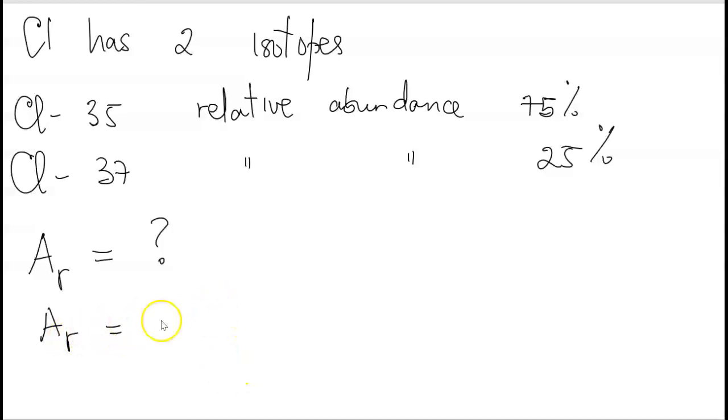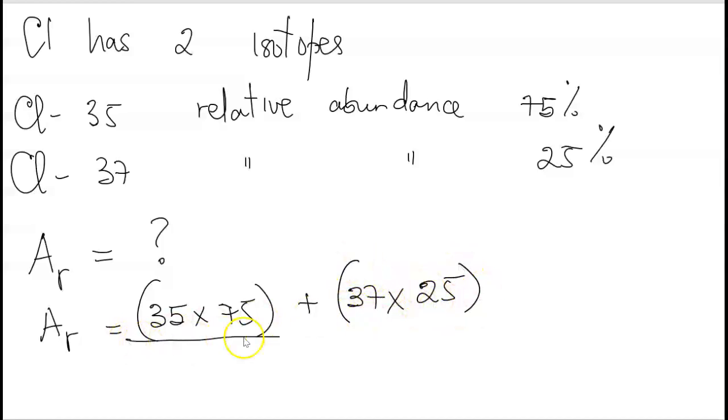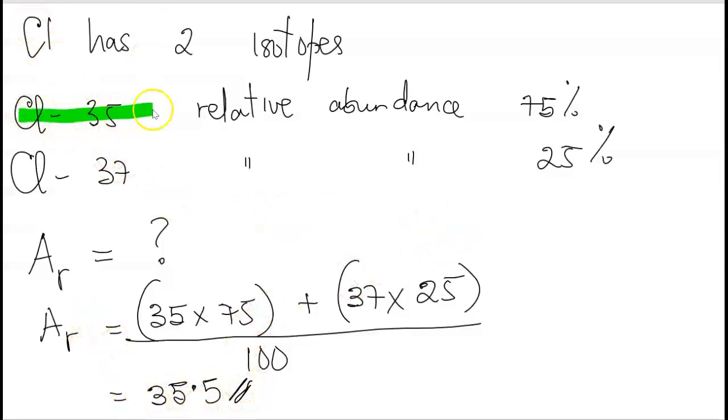Ar is equal to the mass of the isotope multiplied by its abundance, all divided by 100. That works out to be 35.5. Again, weighted average. If you notice, the relative atomic mass is closer to the isotope with the greatest relative abundance, in this case chlorine 35.